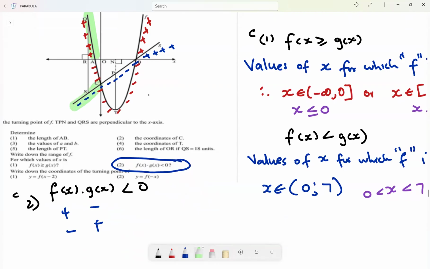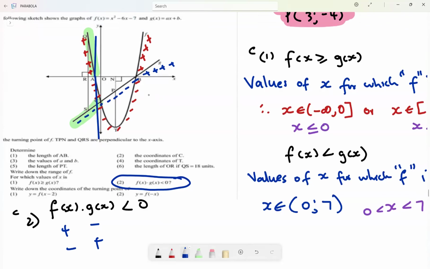So where do they alternate? This one stops at A, so immediately at A I need to stop, going up and then going down. Can you see where my colors are the same? Here, this one is positive, the other one is negative. Yes, so we have answered that question.